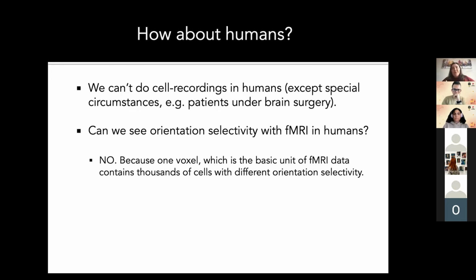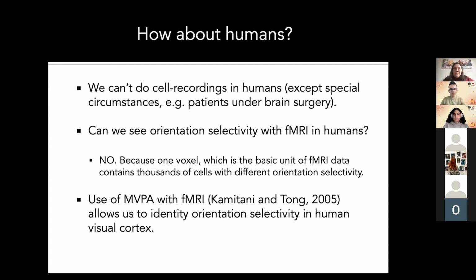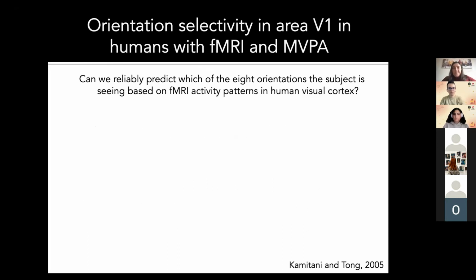Some might be selective to 90 degrees, some to 45 degrees, which means that if you take the whole voxel, you might not get the orientation selectivity pattern with fMRI, because it doesn't have that spatial resolution. But the use of MVPA, multivariate pattern analysis methods, with fMRI actually allowed us to identify orientation selectivity in human visual cortex in 2005. Let me try to summarize how that happened.